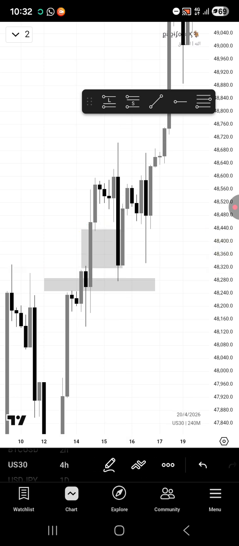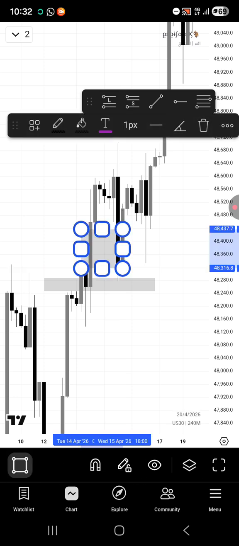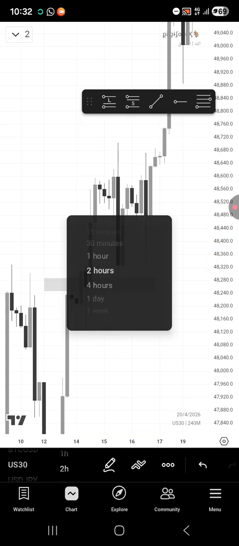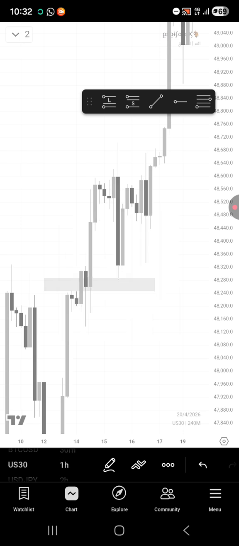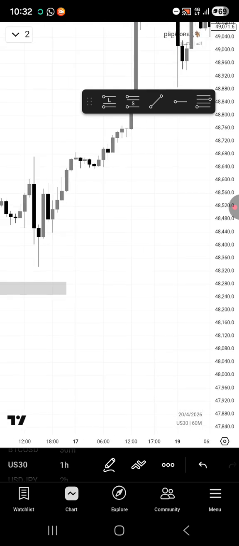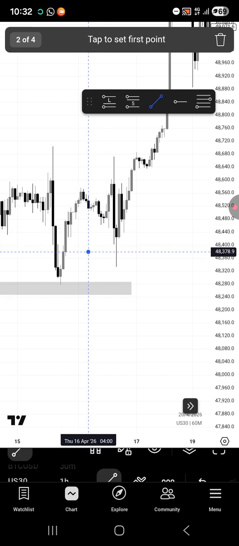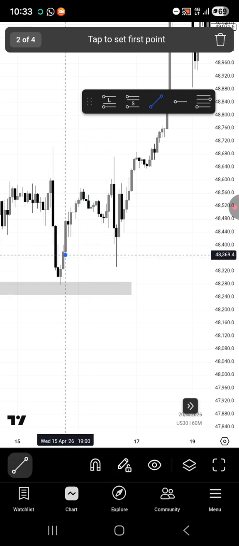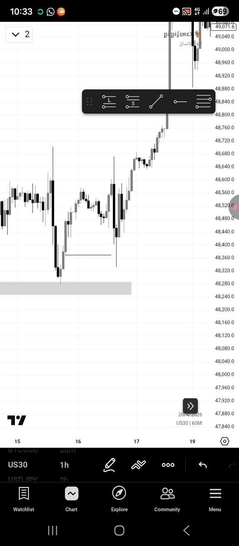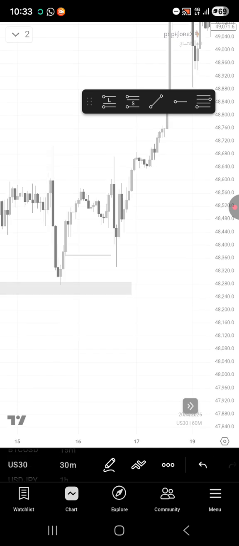Then I went to my 1 hour time frame to map my structure, liquidity, POI. So I came here, I mapped it as my liquidity area, then came to my 30 minutes.